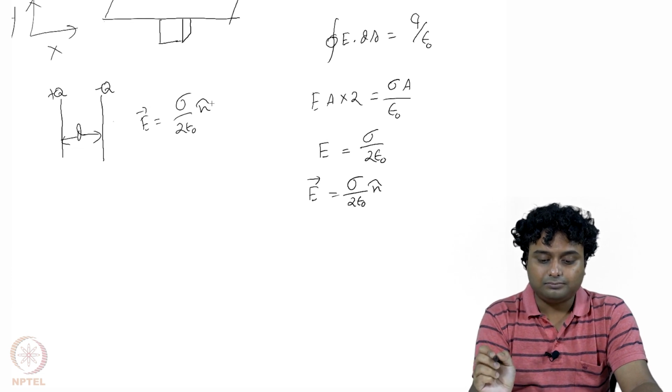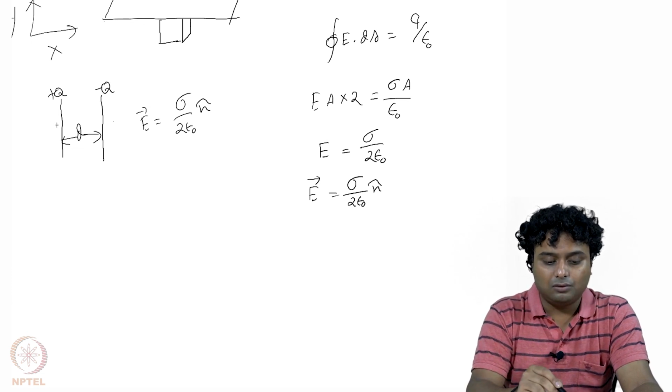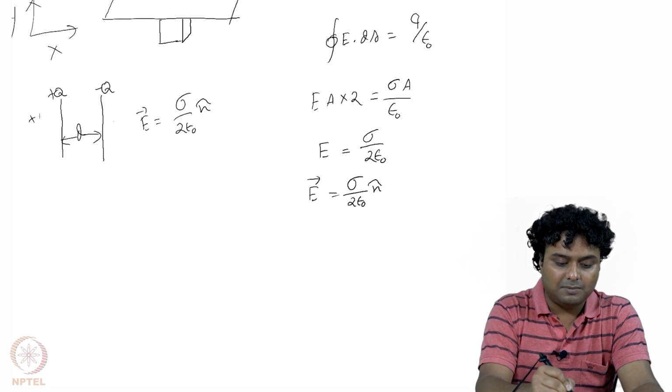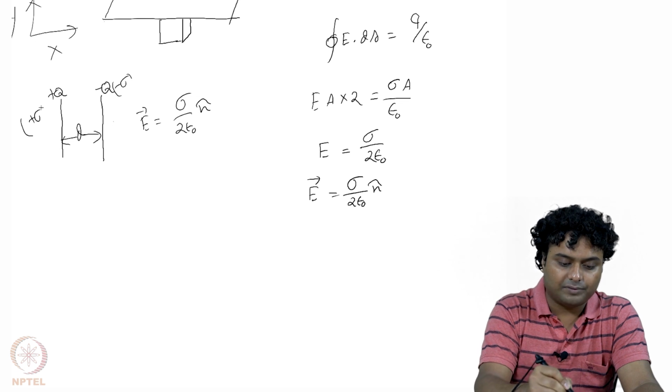Now here for plus q, let us say the charge distribution here is plus sigma and here it is minus sigma, okay.